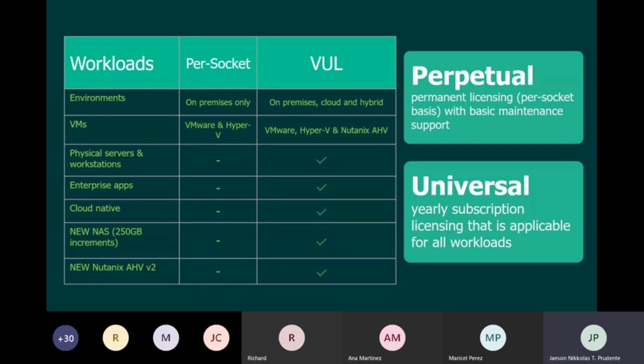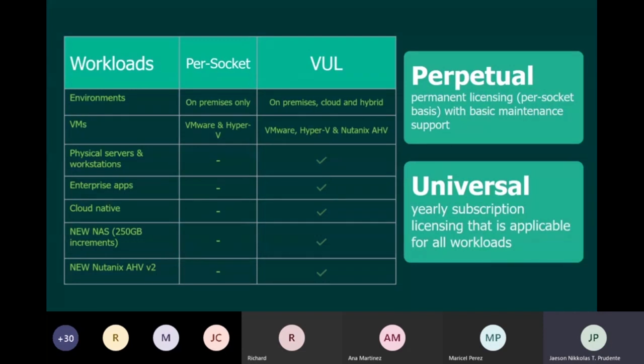So as a common user, kadalasan ng mga server is may 2 physical sockets. So if yung isa is passive, yung isa active, count as 2 pa rin siya ni Veeam. Then for the universal or subscription based, dito is papasok yung pwedeng 1 year, 3 years, or 5 years. Dito is for all workloads na siya.